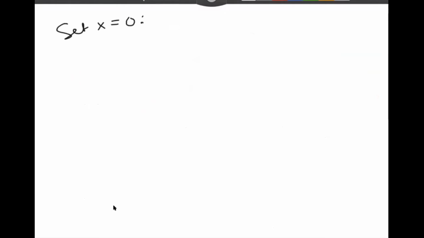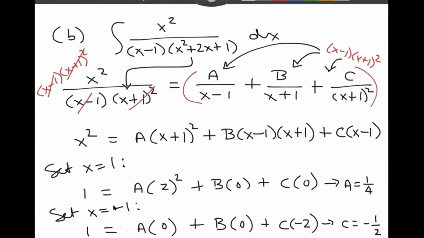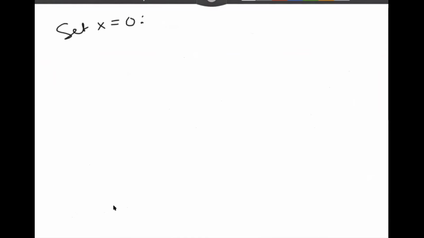So if we set x equal to 0, we're going to have 0 equals A times 1 plus B times -1 times 1 plus C times -1. So 0 equals A minus B minus C. And we know A is 1/4.